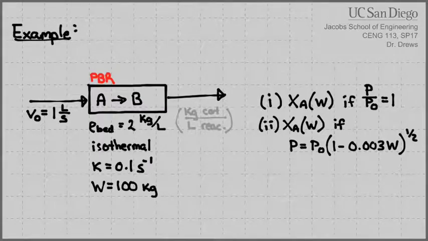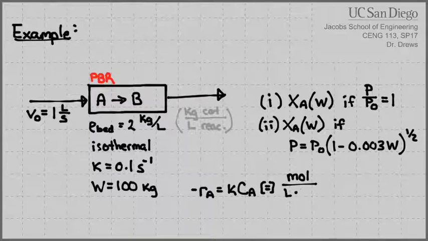So a little note here, by the way, this is an elementary reaction. What is the rate of consumption of A? What's the rate? kCA. What are the units of R sub A? Moles per liter per second.